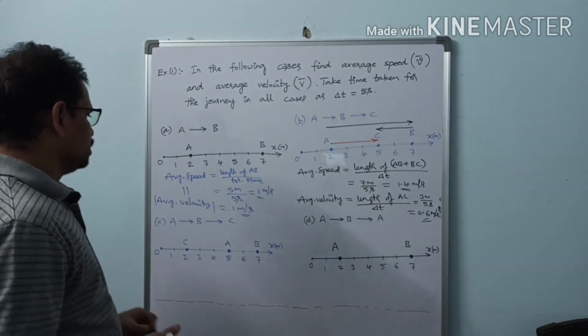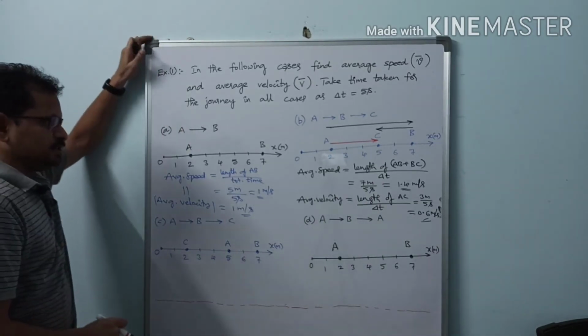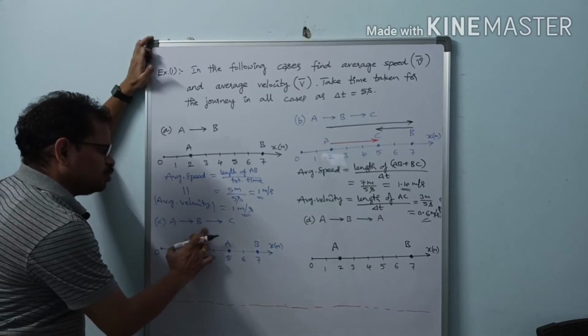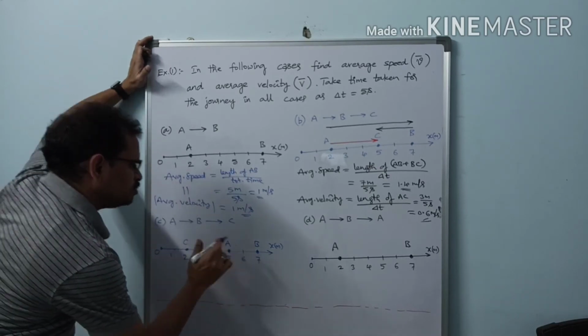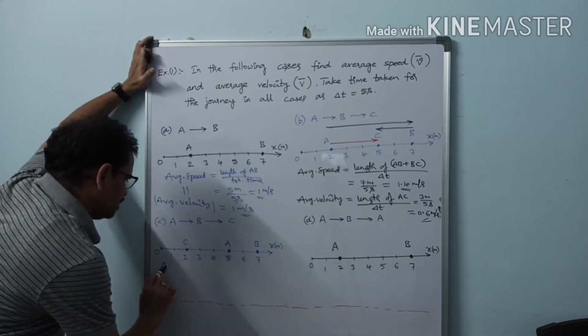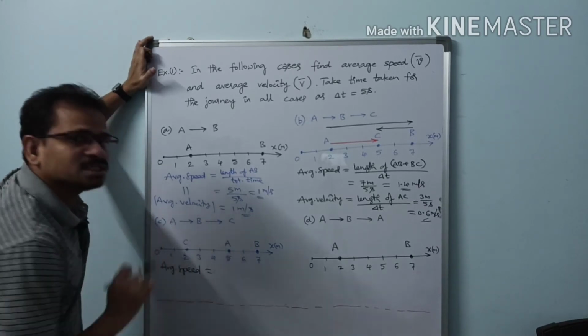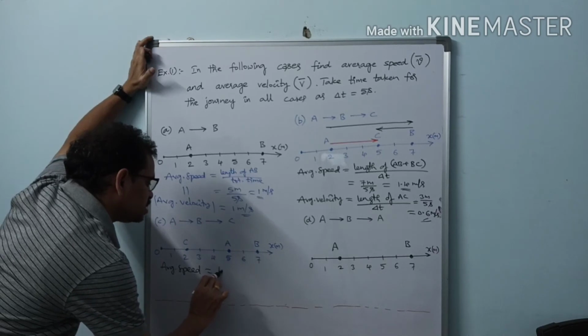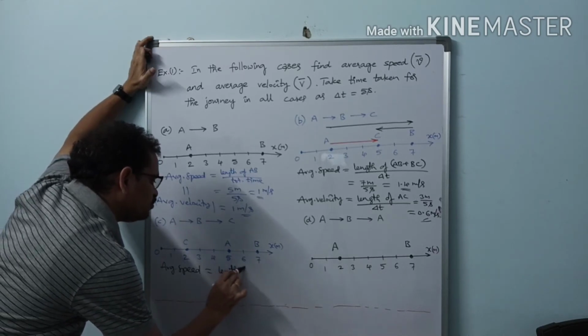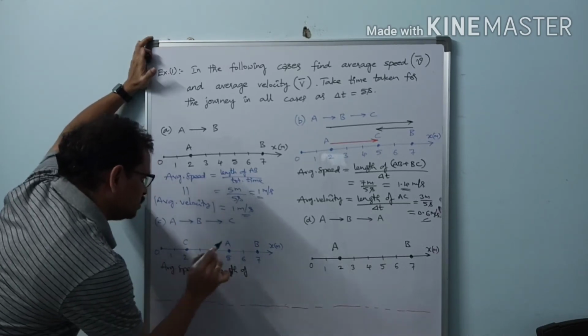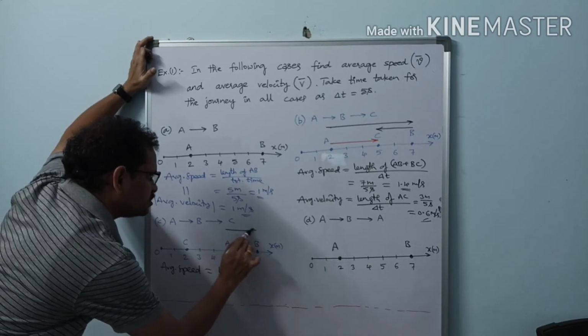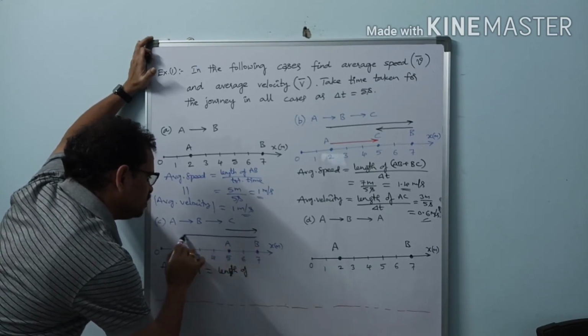Got it? So next one, let us see this case here. See here, from A to B to C. So what is average speed here? Average speed equal to total distance by total time. What is total distance? Length of, so A to B means this one. This is one path. B to C means this is another path.